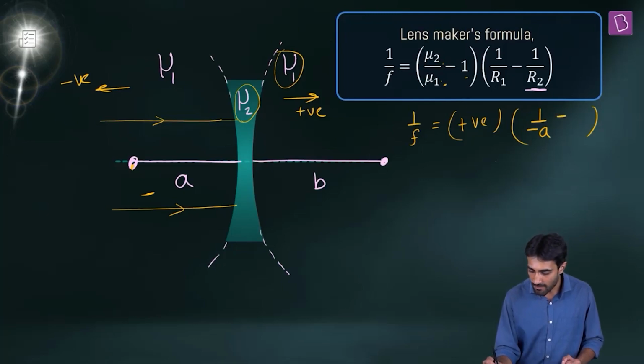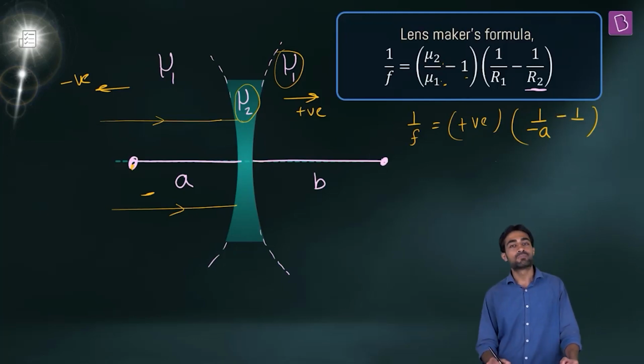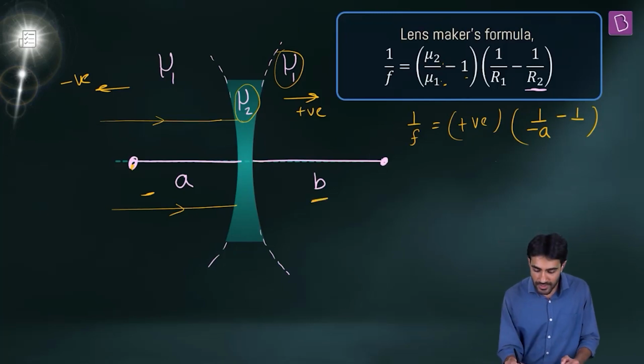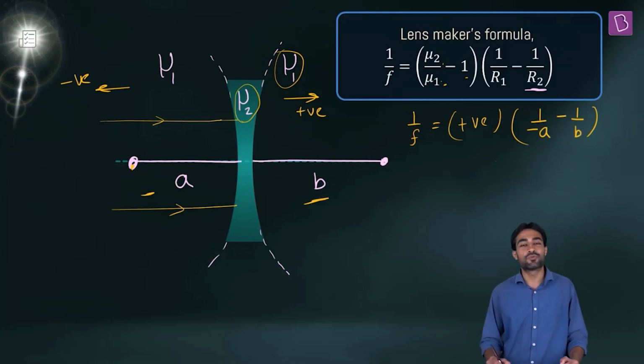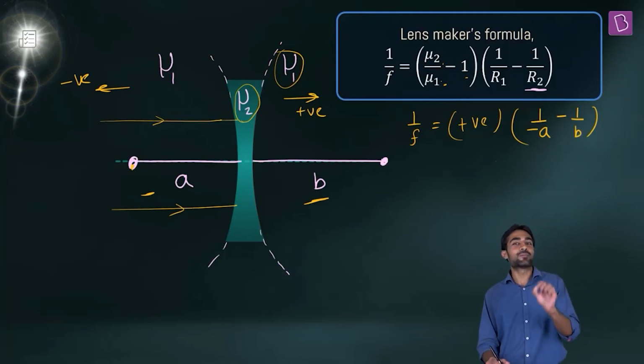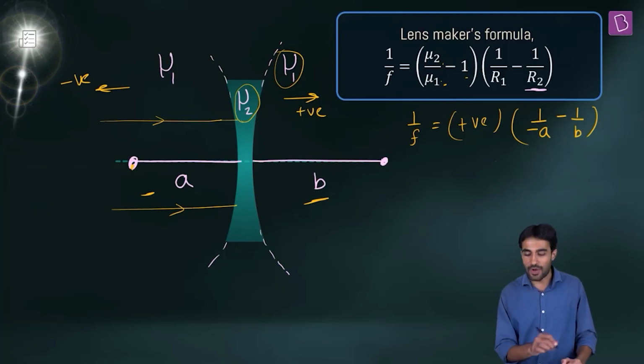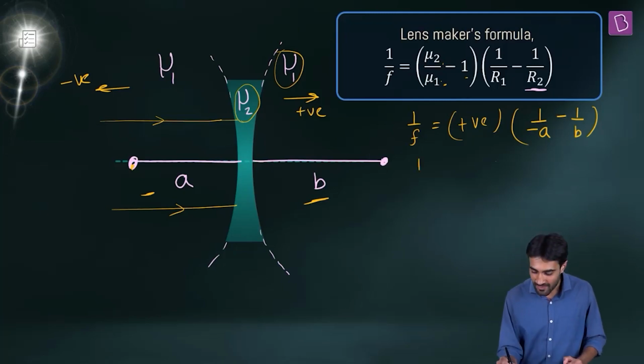And then we have minus 1 upon r2. R2, is it positive or negative? It is positive. We can see it is plus b. So we will write plus b over here. Now the second term, as you can carefully see, is coming out to be negative. So 1 upon f has some positive term and then it has some negative term.